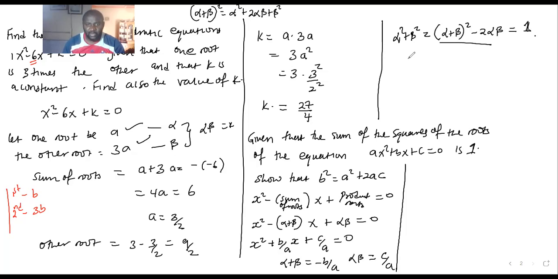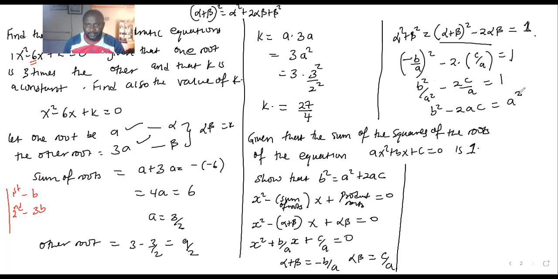For that reason, I have negative b over a squared minus 2 times c over a is equal to 1. Algebra: b squared over a squared minus 2c over a is equal to 1. So b squared minus 2ac is equal to a squared. Therefore, b squared is equal to a squared plus 2ac.